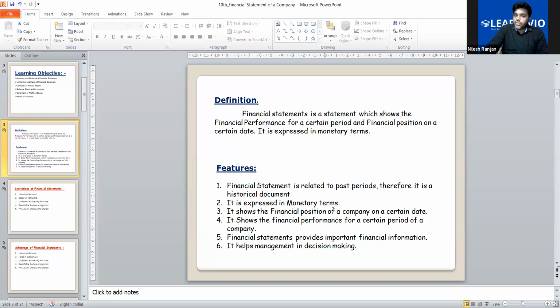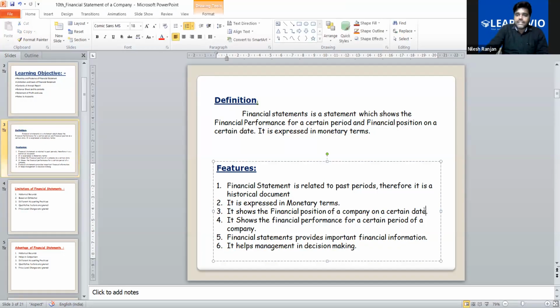It shows the financial position of a company on a certain date. I have already explained that financial position means how much assets we have and how much liability we have. It is related to a single date. Now, this is also confusing. Sometimes students ask, sir, how are financial assets and liabilities related to a certain date?